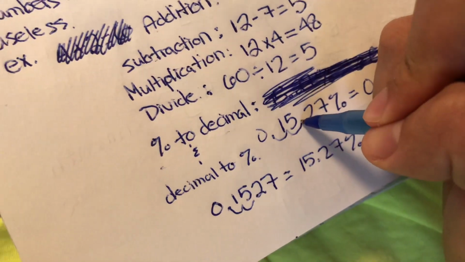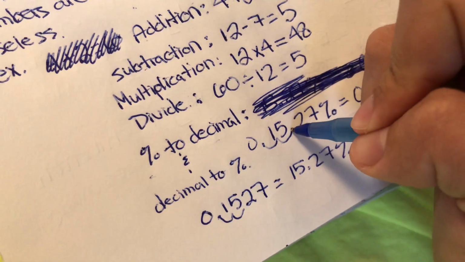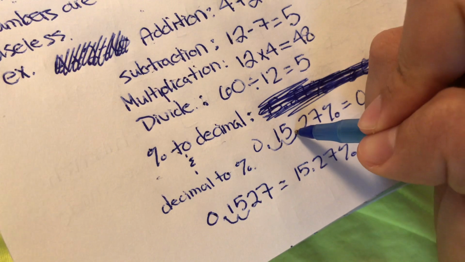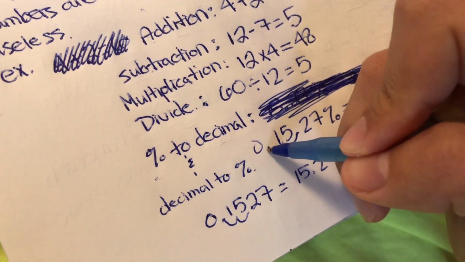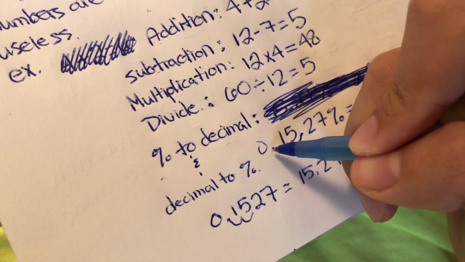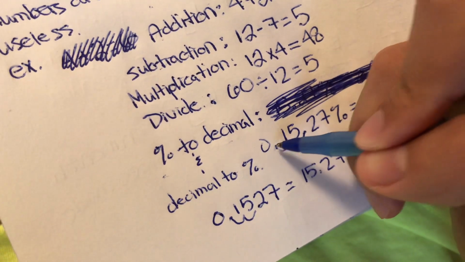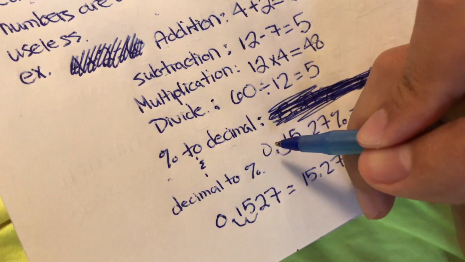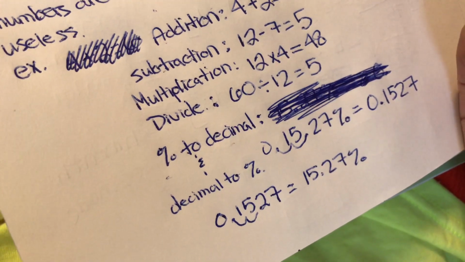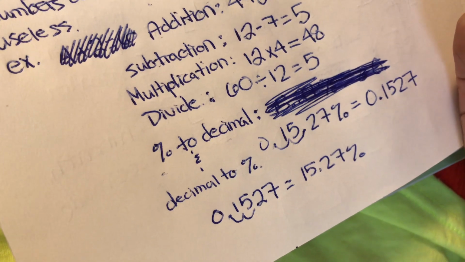You just go to the decimal point in the percent, if there is one, and you always move it 2 places over to the left. After moving 2 places, you put your new decimal and put a 0 in front of it if it is less than 1.